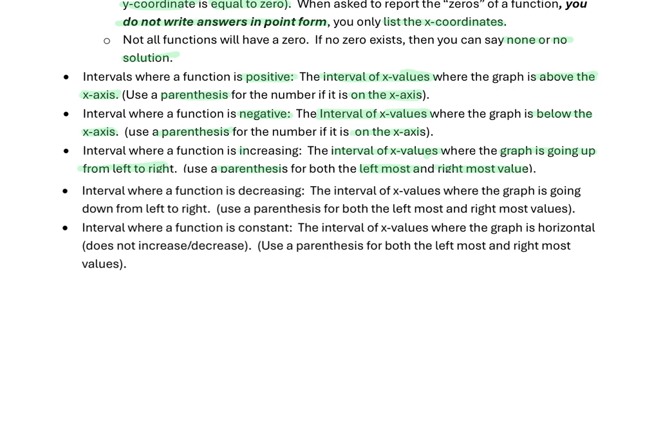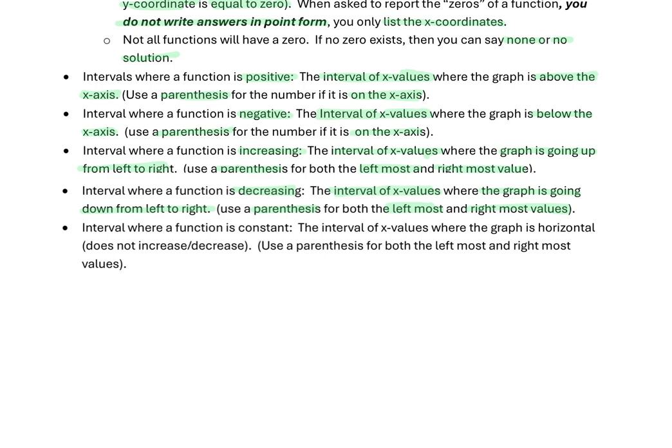For where a function is decreasing, remember this is the interval of x values where the graph is going down from left to right. And again, we have to use parentheses for both the leftmost and rightmost values.